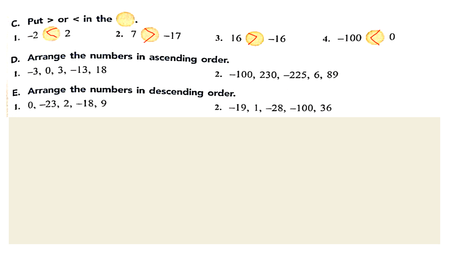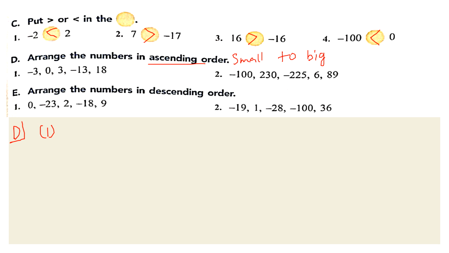Now arrange the numbers in ascending order. So question D, 1. We have to arrange them in ascending order. As I told you before, ascending order means small to big. So we are going to write, as you see, we have got 0 here available.